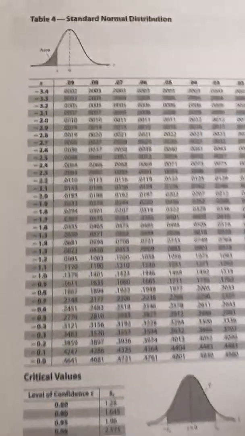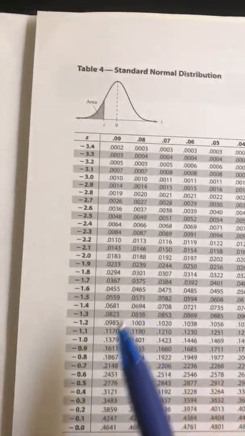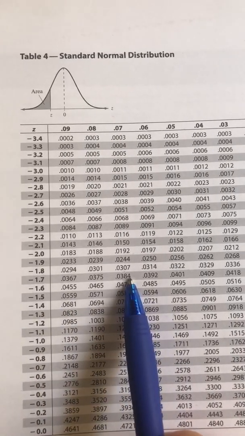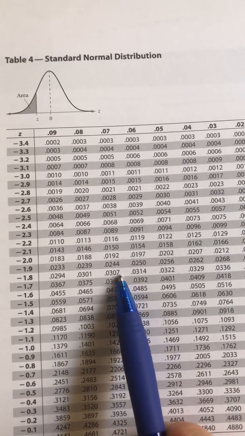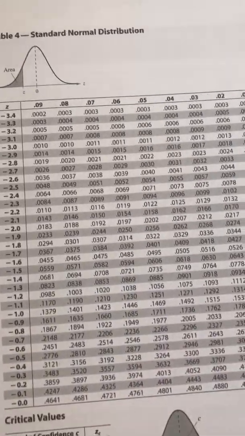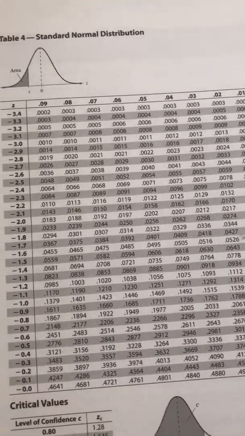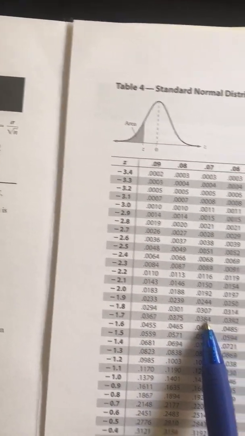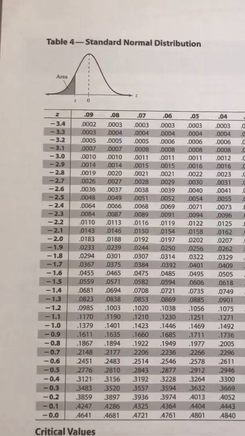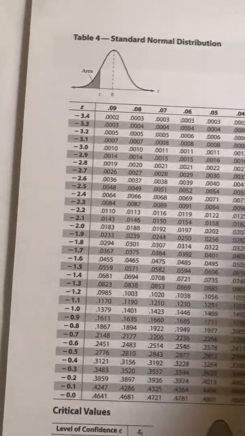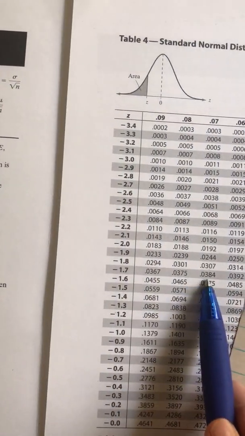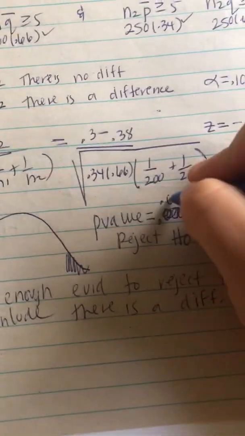Here's negative 1.7, and then this one right here. 0.0384. Let me check negative 1.77 again. Yes, 0.0384 is your p-value.